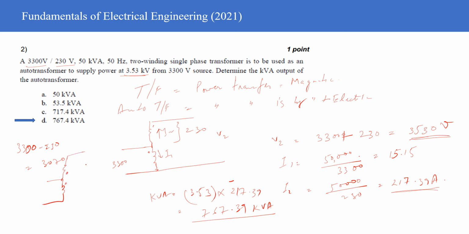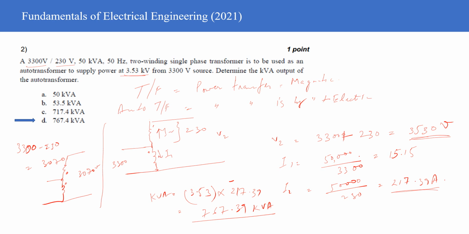In that case you would have got 3070 volt at the output. So based on your requirement, you connect the windings of the transformer to ensure that the dot polarities meet your requirement, and then you can do your calculations.